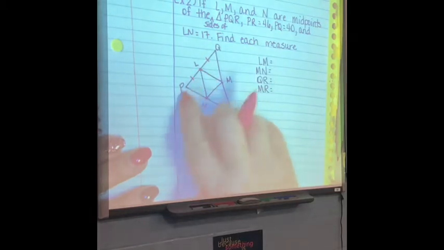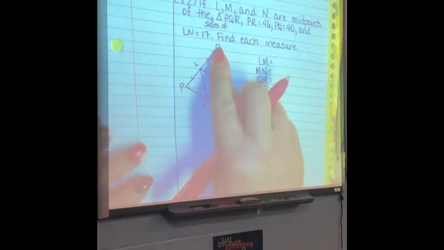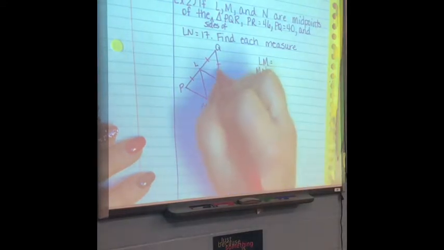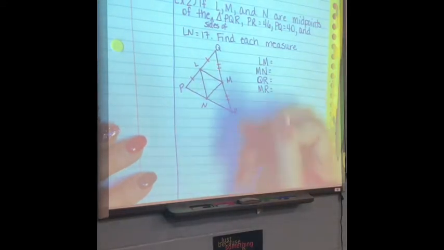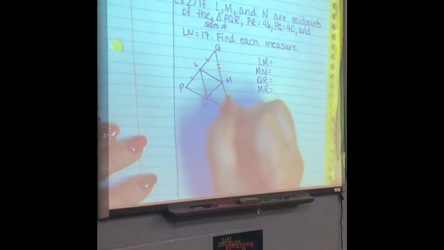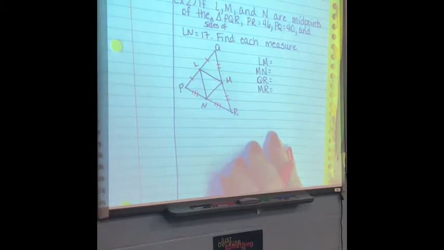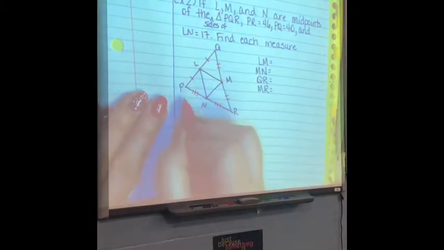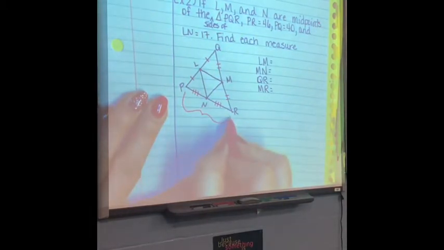If L is the midpoint of PQ, and if M is the midpoint of QR, then these two are congruent, and then N, also the midpoint of PR, makes these two parts congruent, right? Okay. And then they tell me that PR, this whole piece down here, is 46.